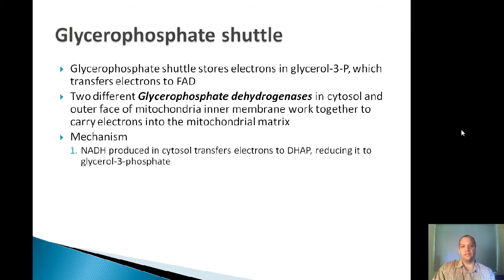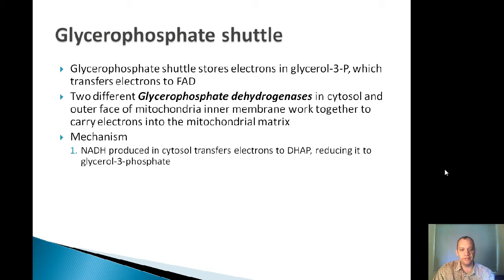So the mechanism works as such. NADH is produced in the cytosol through glycolysis, and those electrons are transferred onto dihydroxyacetone phosphate, and it reduces DHAP into glycerol 3-phosphate.